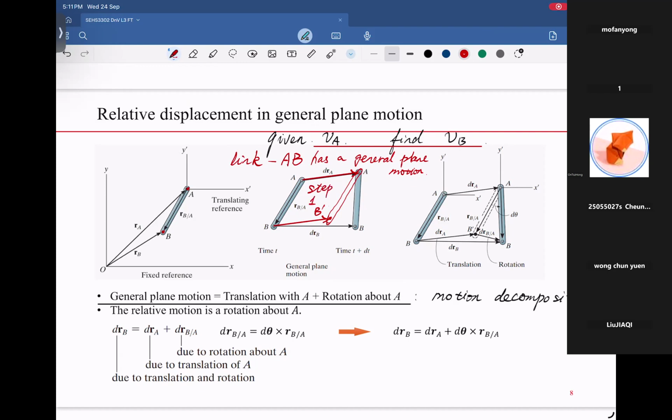What is the motion of step 1? Point A moves to the new A, right? Point B moves to the new B, B prime. And A and B move in the same path. So what is the motion of this step?